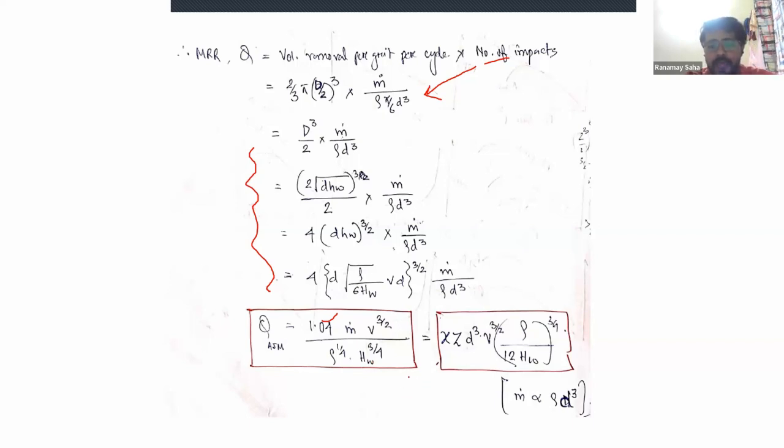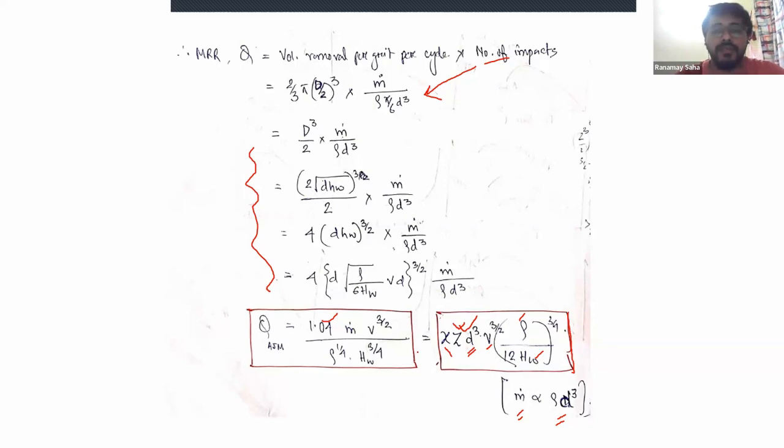And if you consider that the mass flow rate is proportional again to the cube of d, that is the grit size, you can actually take down this relation. So that is the frequency, the number of particles moving, and in fact it depends on the dia, the velocity, density, and hardness. That's the constant. So that is the way you find out the MRR in case of AJM process.